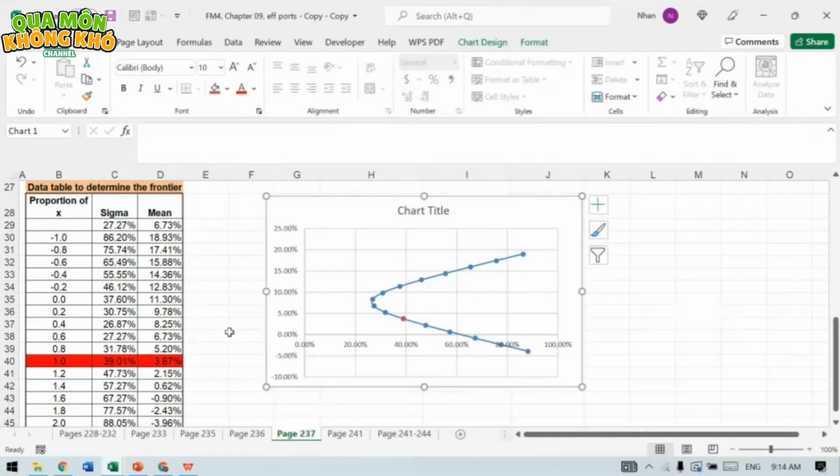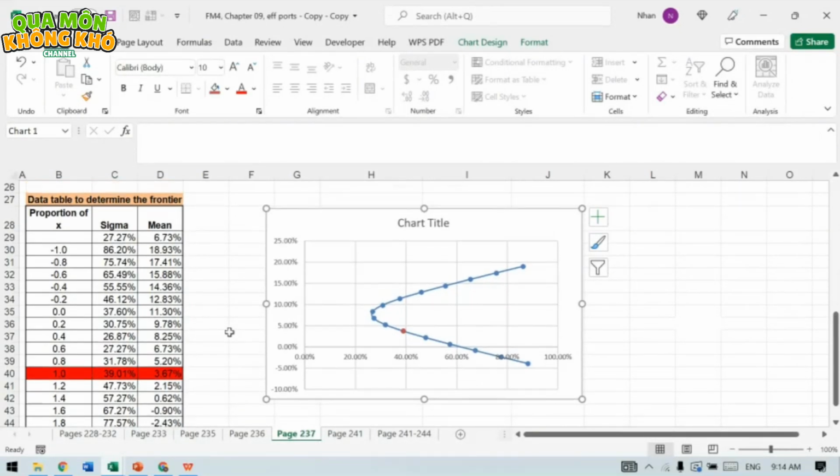That is our envelope portfolio, not an efficient portfolio. So do you know why? Let me think a second. Okay, no problem.